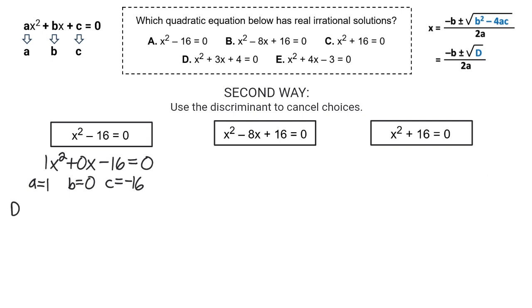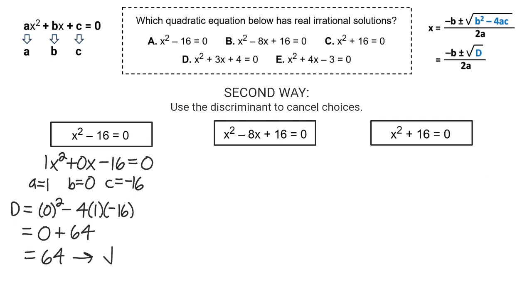And so the discriminant is going to be b squared minus 4 times a times c. That's going to give us 0 plus 64, which is 64. That means in the quadratic formula, I'm going to end up with the square root of 64. This is a perfect square root, so we know this can't be the right answer.